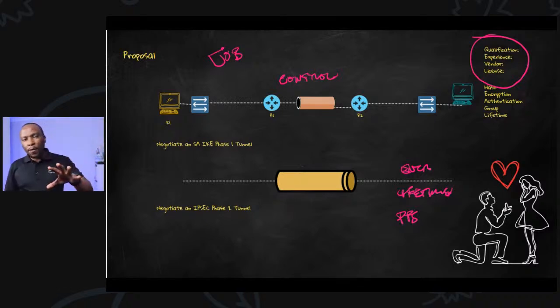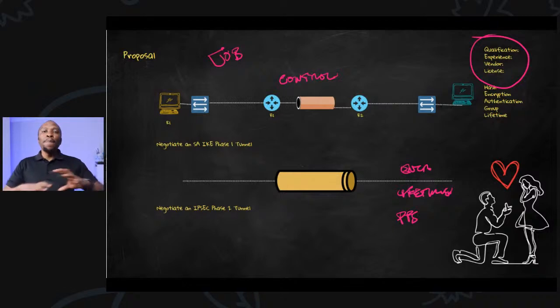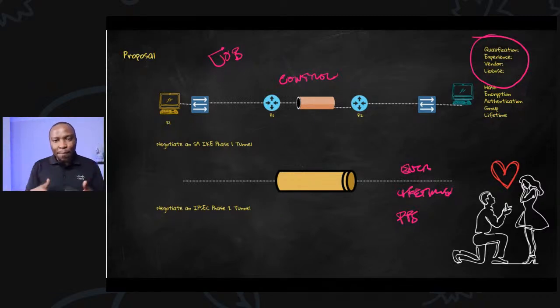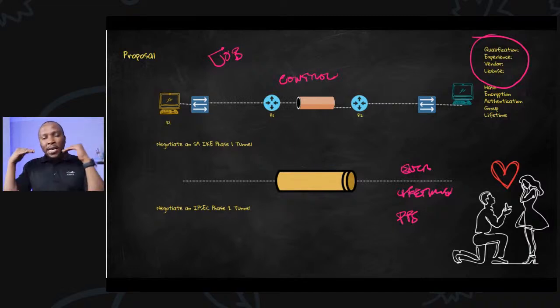So when you're dealing with VPNs, there are two types of tunnel. There's a phase one tunnel, there's a phase two tunnel. In the phase one tunnel, it is the two devices negotiating what protocols they're going to use in order for them to establish a control plane. And then after they establish that control plane, you move to the phase two tunnel, which is also known as the IPsec tunnel. This is the tunnel where the actual data is going to flow.